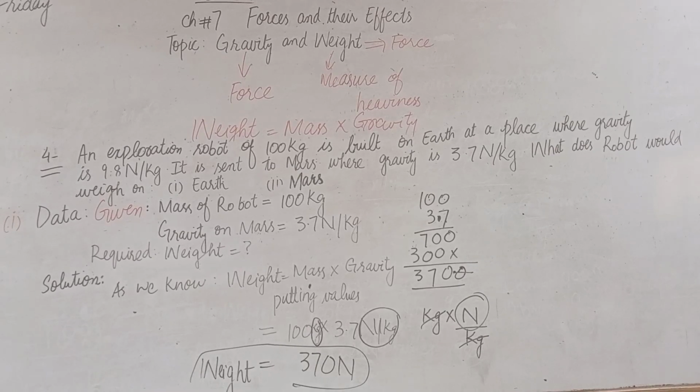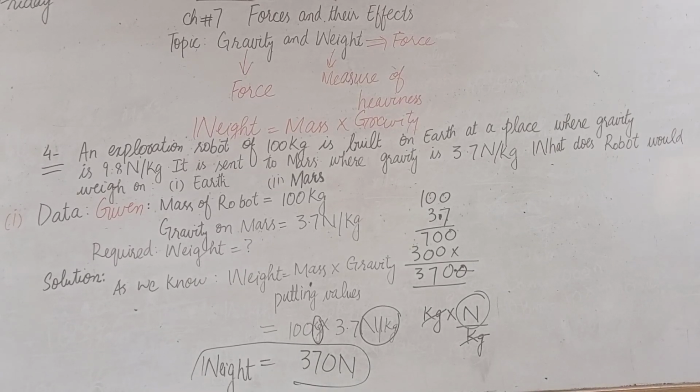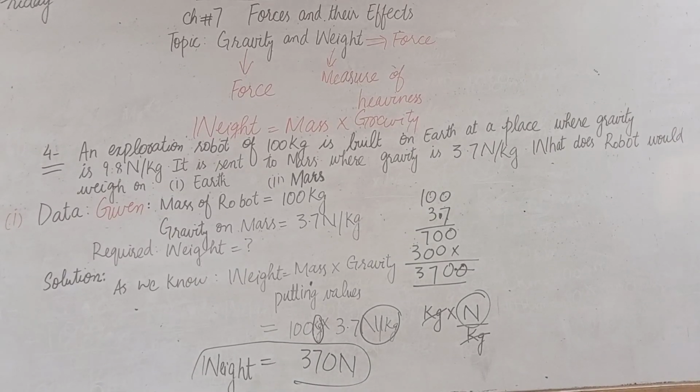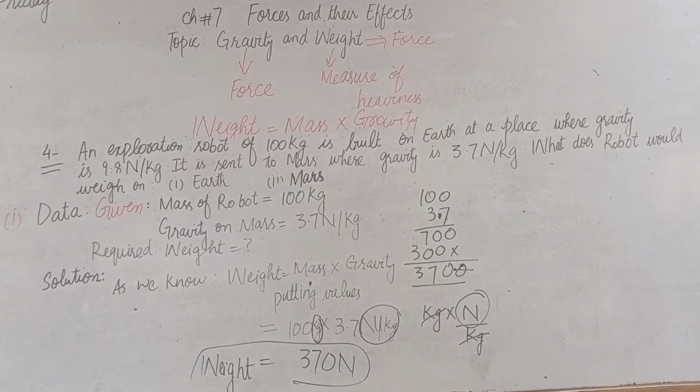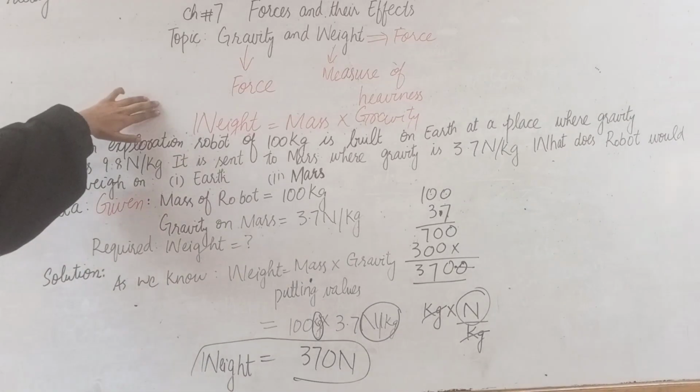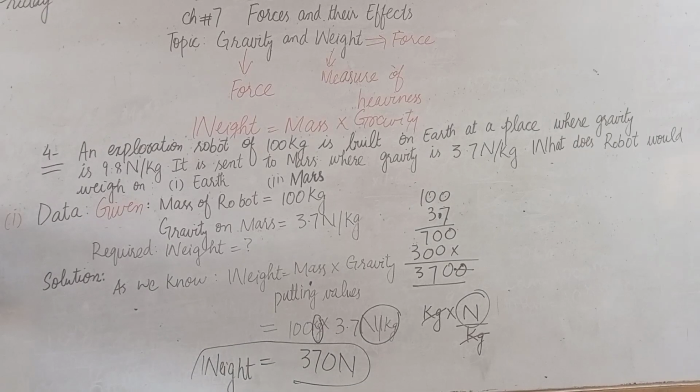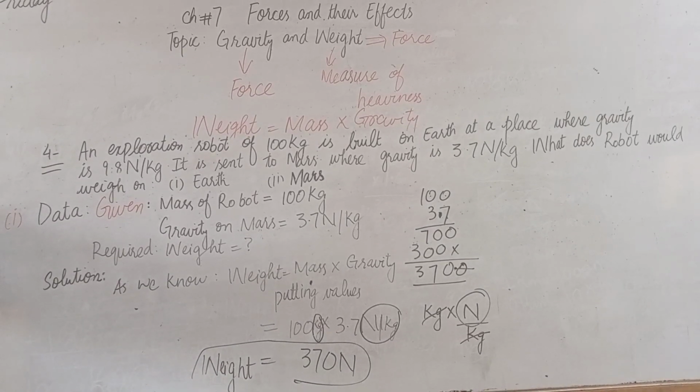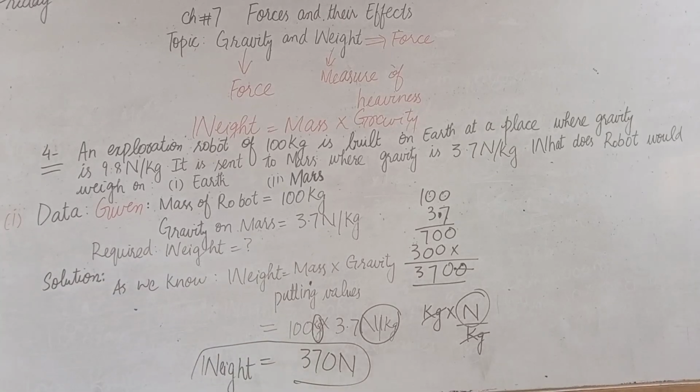By the same method we can find the weight on other areas. We just have to know the relation, that is weight is equal to mass times gravity. And we have done 4 questions. You have to practice these questions at home.